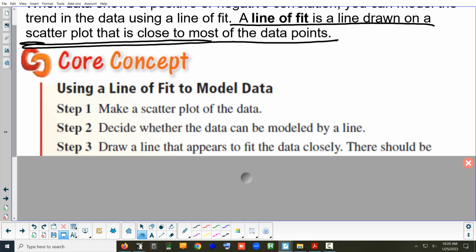Now I said we're going to do it the simple way. We're not trying to calculate the best possible line. That's what the calculator can do for us. We're going to do the best we can by hand. So we're going to draw a line that looks like it's pretty close to the data.